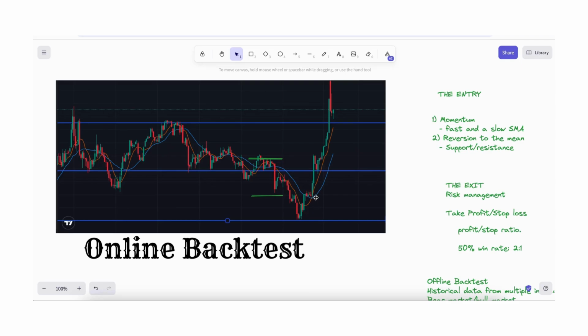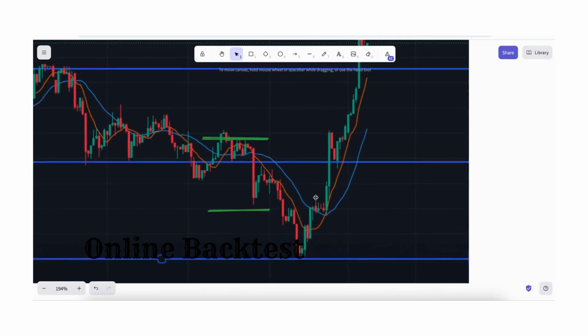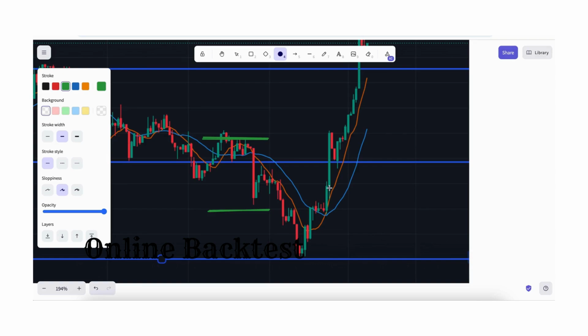If you are actually trying to take this trade, remember that only when this candle finished, you knew that the fast moving average has crossed the slow moving average, which means that you are only going to be able to take the trade at the open of the next candle, which is actually a much higher value.